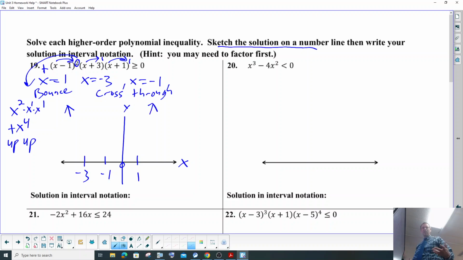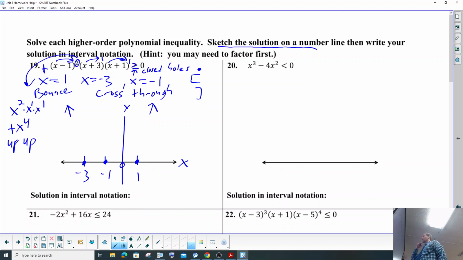Okay, so our x-intercepts can either be a closed dot if it's less than or equal to or greater than or equal to, or an open dot if it's just less than or greater than, right? So this is equal to, this is equal to, so closed holes and also brackets.